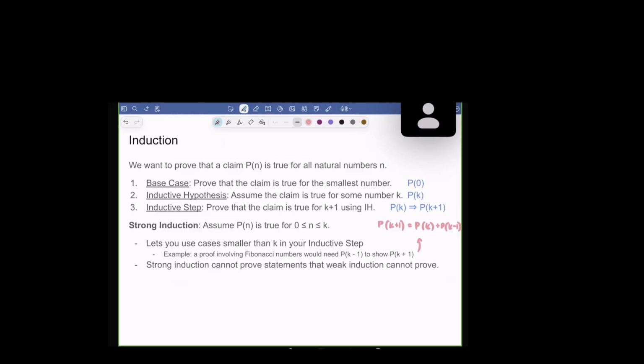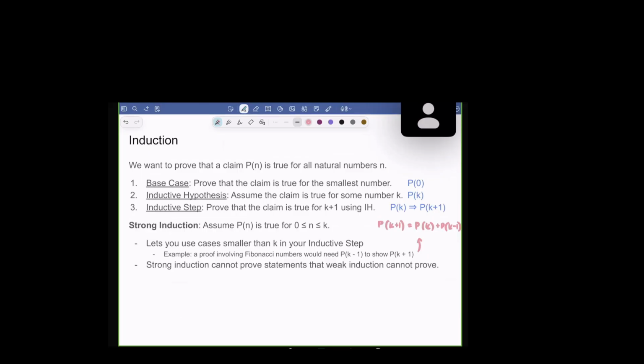That's a good question. So usually we always want to use our inductive hypothesis in the inductive step. So yes, we massage the P of k plus 1 to somehow look like our P of k so that we could use our inductive hypothesis.